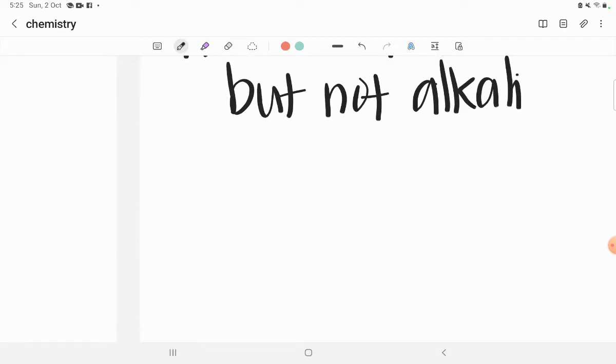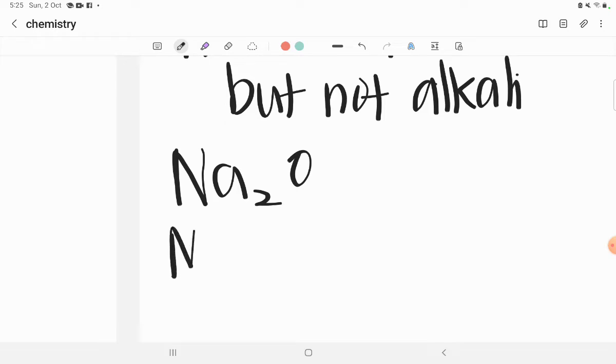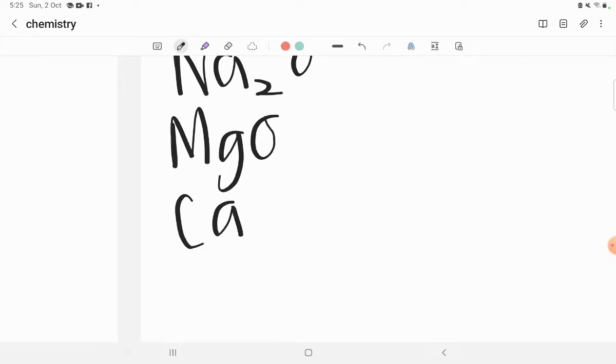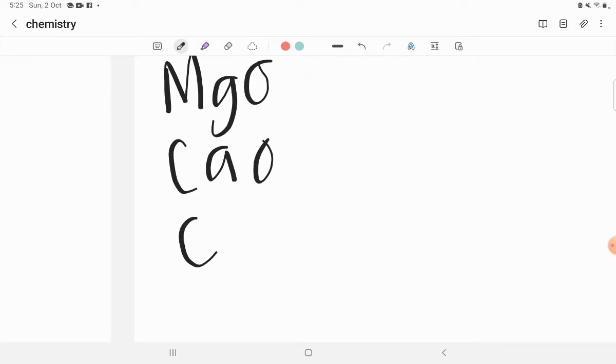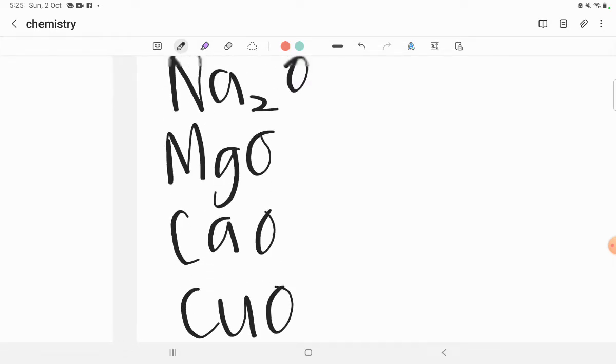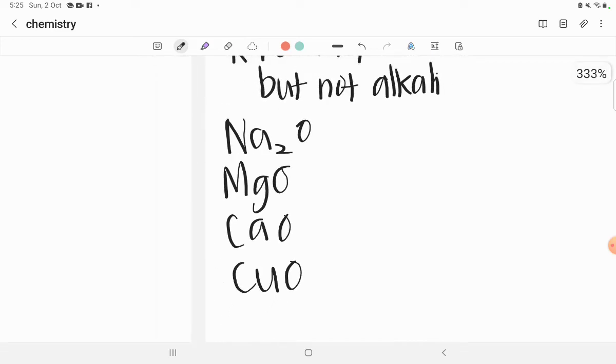Some examples: Na2O, that's sodium oxide. Then there's MgO, that's magnesium oxide. There's CaO, calcium oxide, and there's copper 2 oxide. So these are some examples.